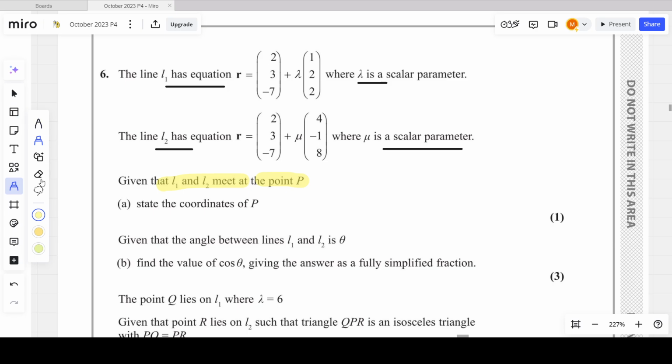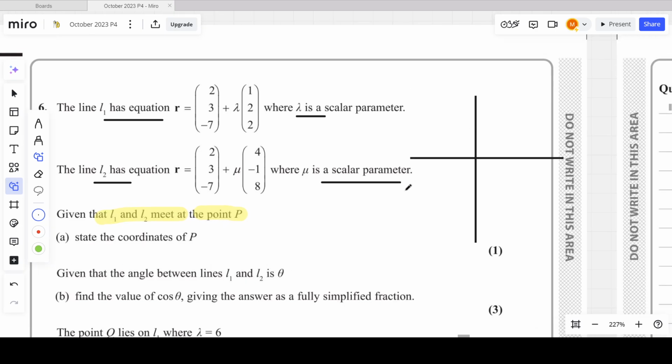If I show you using a sketch on the right hand side, this is the axis. Consider line L1 goes like this, just a sketch.